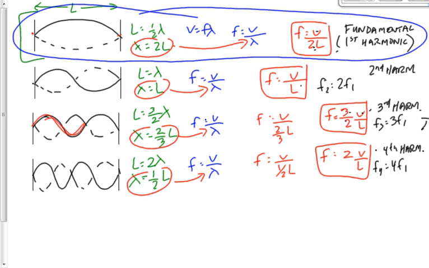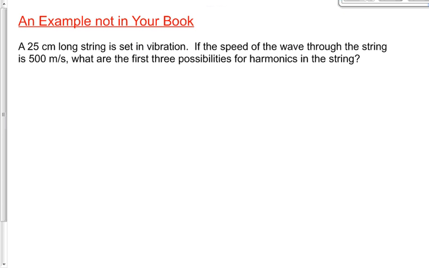Because if you can do this one, and you're dealing with a problem with the third harmonic, just recognize that the third harmonic is 3 times the first one. Or the fourth harmonic is 4 times the first one. You don't need to derive all of these equations. You need to be able to derive this one, and multiply it by 2, or by 3, or by 4, as the case may be. All right, I want to do an example, and I'll show you how easy it becomes.